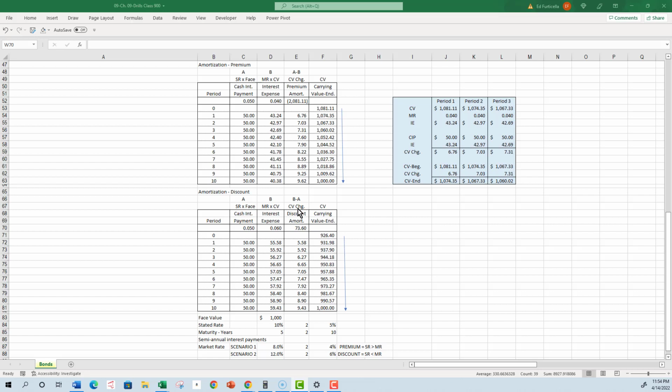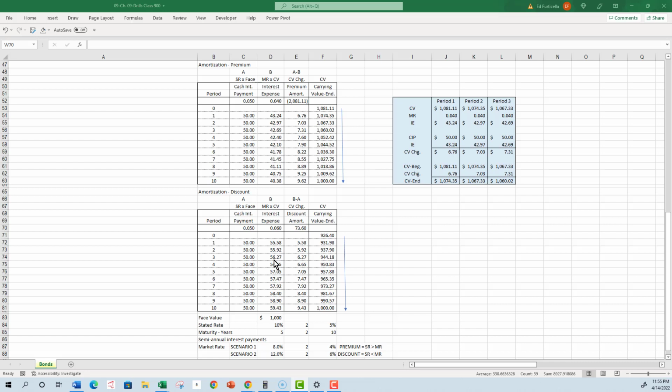$937.90. For period 3, again, we send $50 out in interest payments to our investors. We calculate the interest expense, however, at $56.27 because we're multiplying the market rate times the prior carrying value of $937.90. When we multiply 6% times $937.90, we get $56.27.